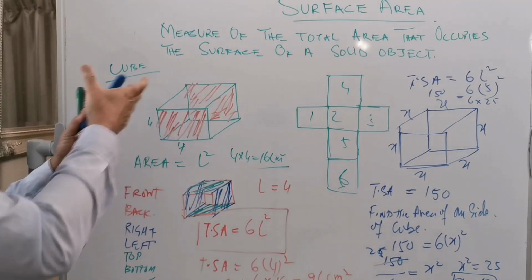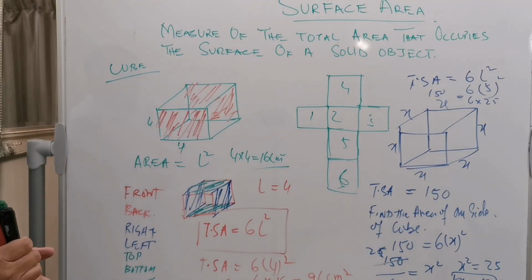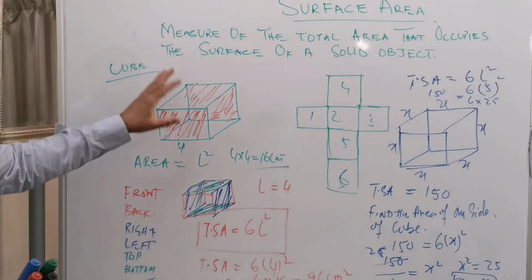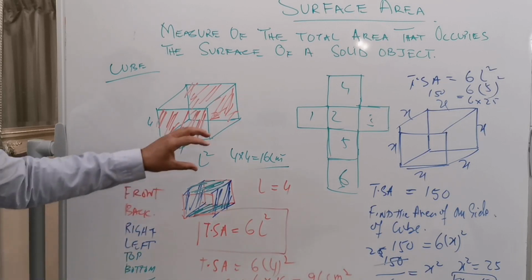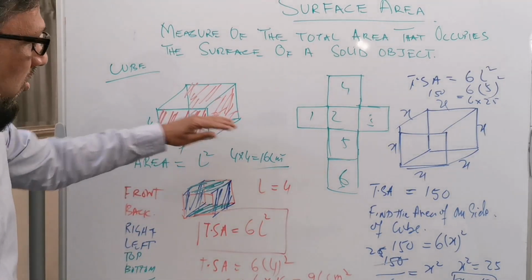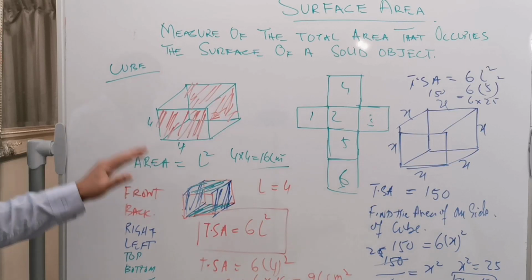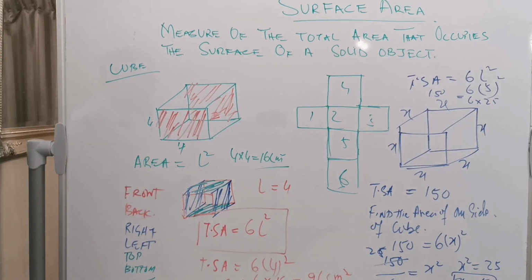So this is the example for cube. The property for the cube: it has 6 square faces, and all dimensions are the same or equal.